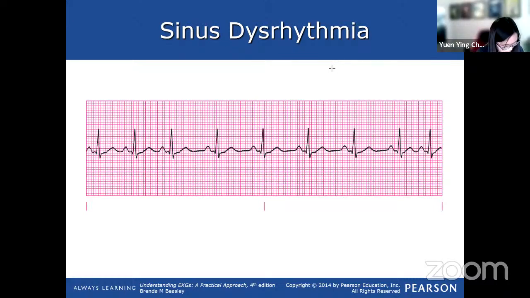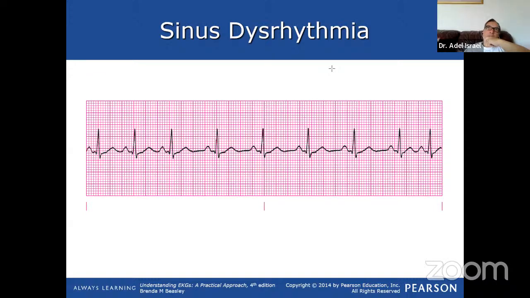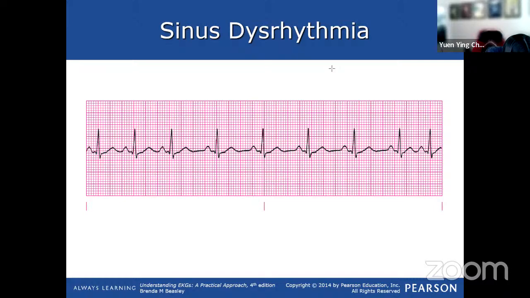Yes, the P wave is before each QRS, and I can see the P wave is smooth and upright. Very good. And then I count 5 small squares. Very good. So equal. Yes. Equal how much time? So it's 0.20. Correct.